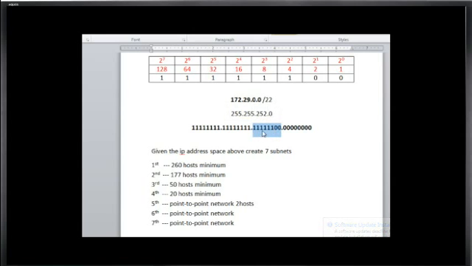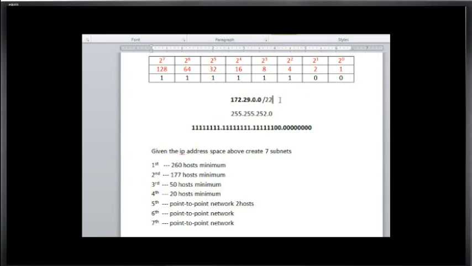You can see here 111111 and then 00. So I've taken this octet and placed it up here on my binary place values chart, and you can see six ones, 2 zeros, and this last one is in the 4th place. That means that the magic number is 4.